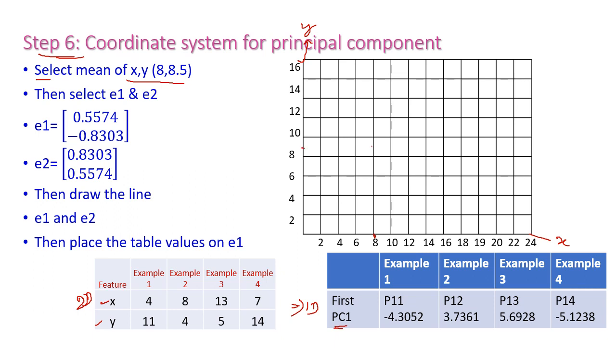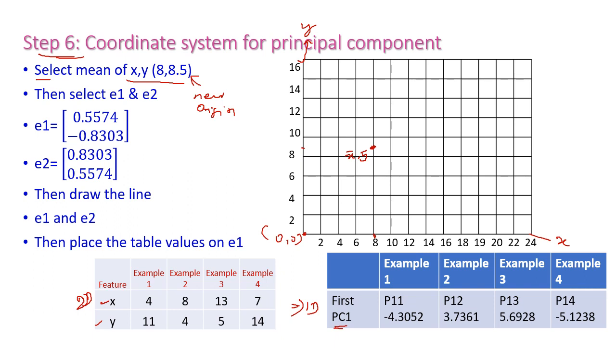So that will come at this point, x bar, y bar. Now this is our new origin. Previously this was our origin 0, 0, isn't it? But after this, this will become our new origin.